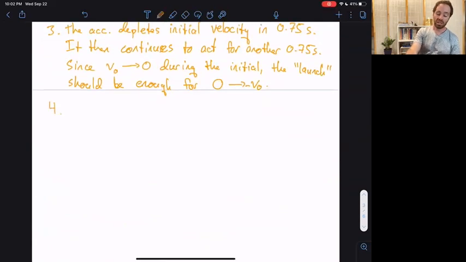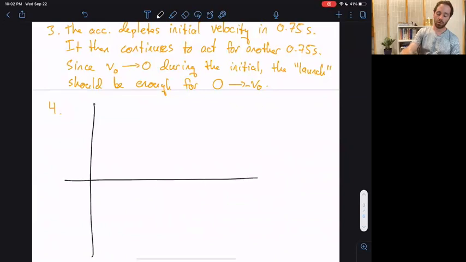Let's agree that the eastward direction is positive velocity. So the initial is, I believe we said it was 2 meters per second. We just provided a good argument that it's going to have -2 by the end of this.